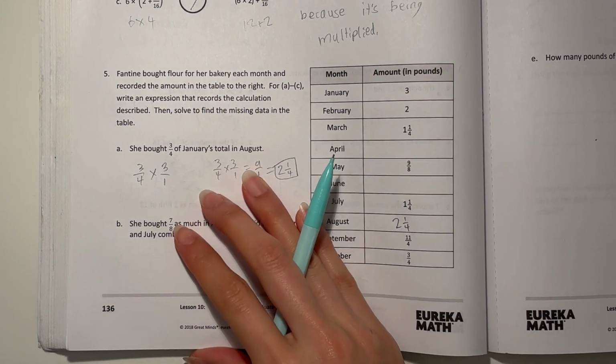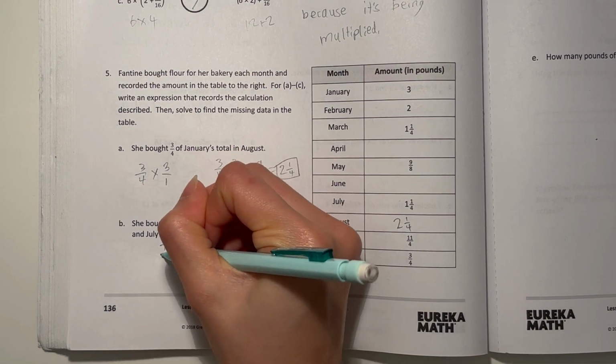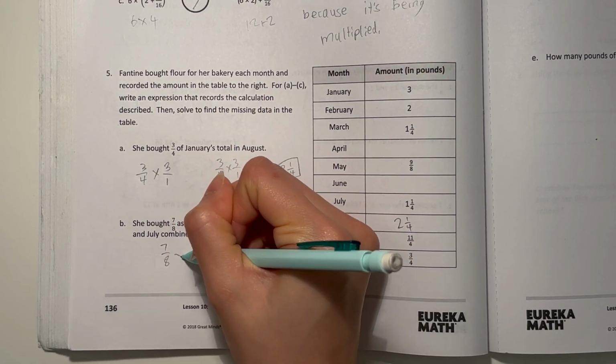All right, B. She bought 7/8 as much in April as she did in October and July combined. So October and July, 7/8 as much.